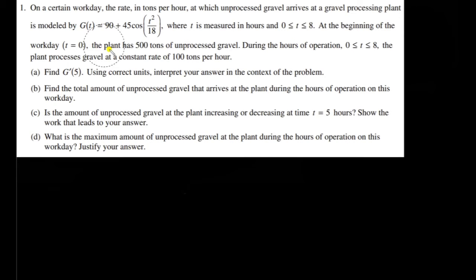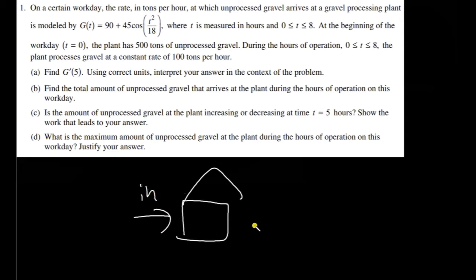Is the amount of unprocessed gravel in the plant increasing or decreasing at t equals 5? Show the work. We need to think about this logically. Here's a plant, with some gravel coming in and some gravel going out.